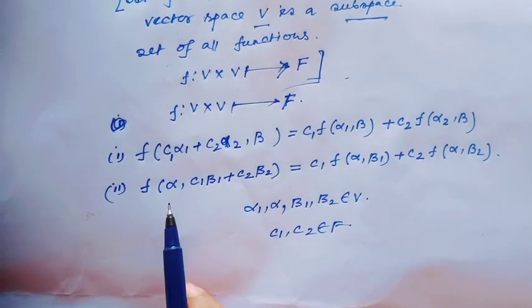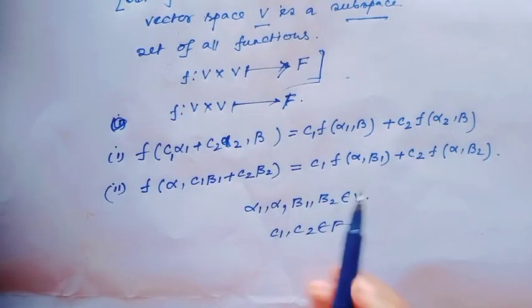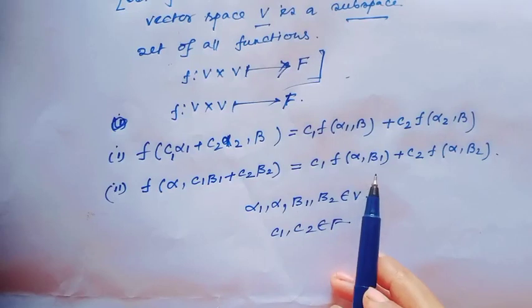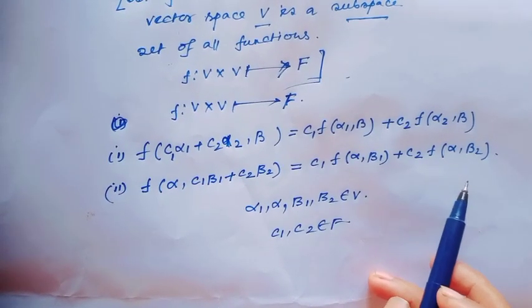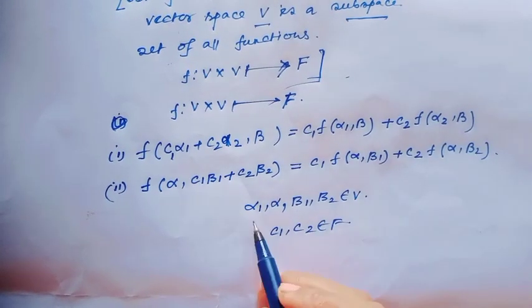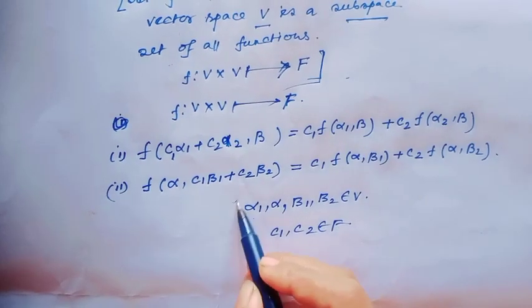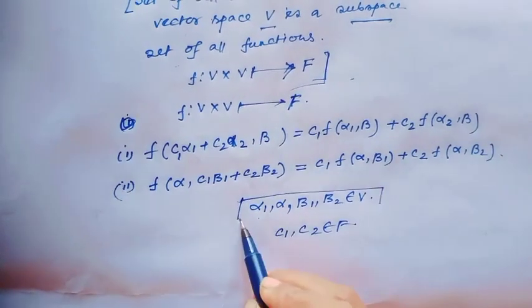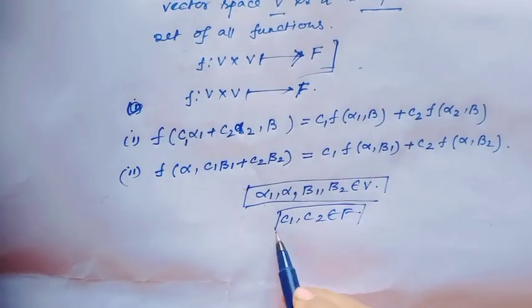Second, f of alpha comma c1 beta1 plus c2 beta2 equals c1 times f of alpha comma beta1 plus c2 times f of alpha comma beta2, where obviously alpha1, alpha2, beta1, beta2 belong to the vector space V and c1, c2 belong to the underlying field.